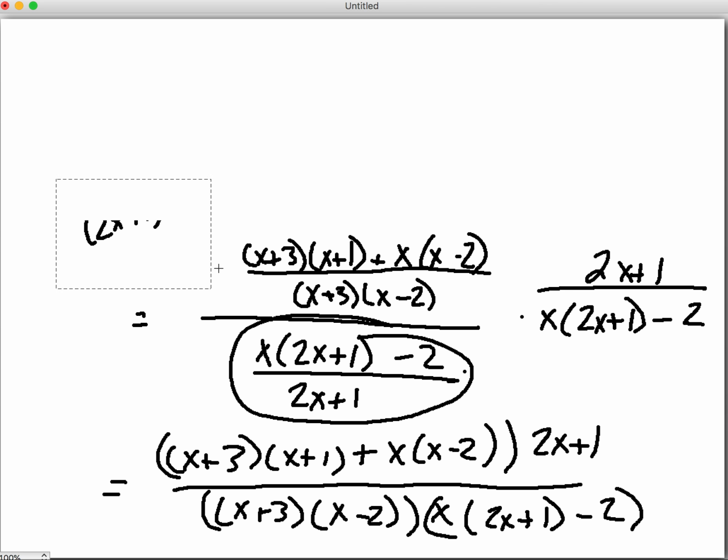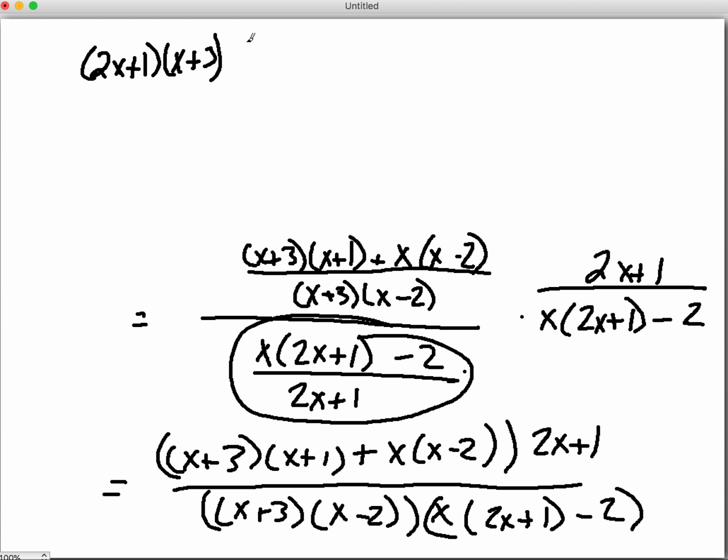And again, depending on if you're working in MyMathLab or other programs, that's going to dictate how far you're going to take this down. So I'm going to have 2x plus 1 distributed times x plus 3 times x plus 1, so I'm just distributing that term through, plus x times x minus 2 times 2x plus 1.